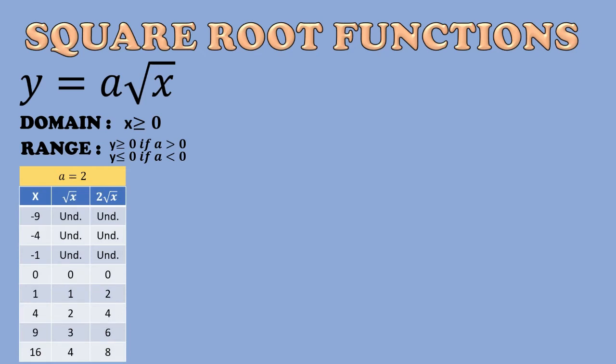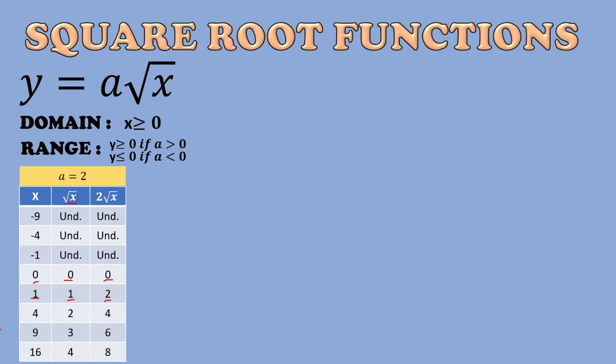Now I select the same table. The -9 is undefined, the -4 is undefined, and the -1 is undefined. Now, when you use 0, the square root in the parent function is 0, and when you multiply by 2, 2 times 0 is 0. When you select 1, the square root of 1 is 1, but you multiply by 2 because a is 2.